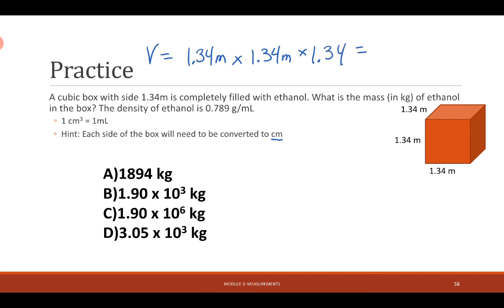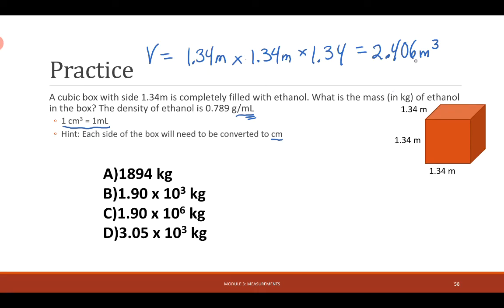And so 1.34 cubed is equal to 2.406 meters cubed. But I want to use this as a conversion factor to get into milliliters. And so this is also in milliliters, grams per milliliter. So I really want to make my volume into milliliters so that I can use these as conversion factors.